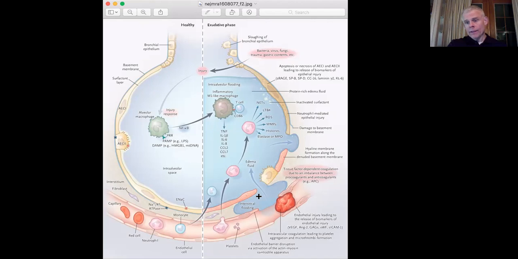And with that, as the proteins leave, water follows it. It's a simple diffusion issue. So water begins to follow this protein, and we literally flood the alveoli. We flood the air spaces now with fluid. This is referred to as your pulmonary edema, and it's one of the major events that initiates the early onset of the ARDS patients' complications.